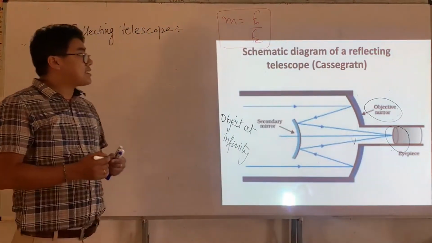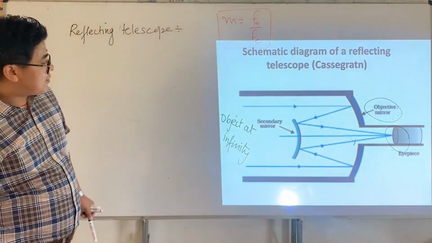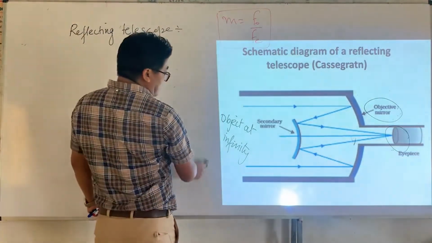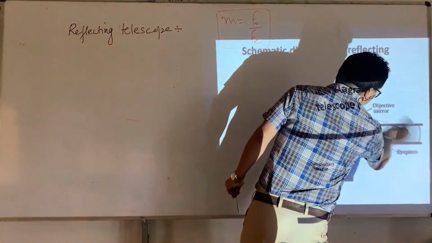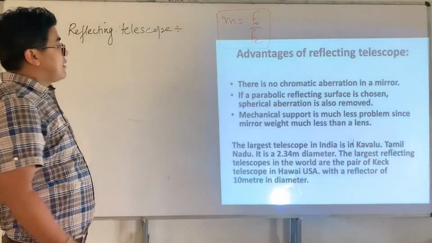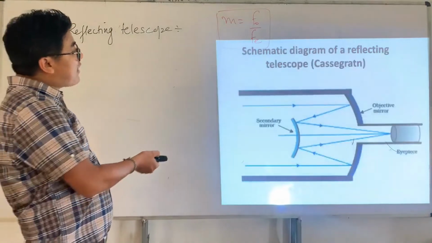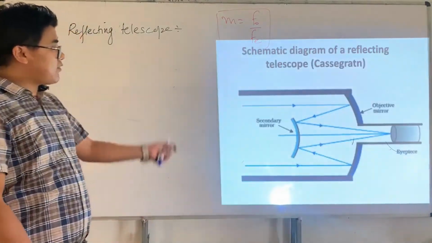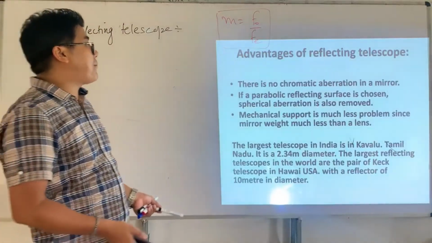This is what we call a reflecting telescope. So the advantages of a reflecting telescope are these, right? Since the reflections are taking place in a reflecting telescope, there are no chromatic aberrations.